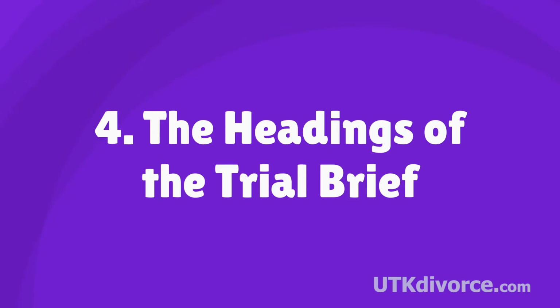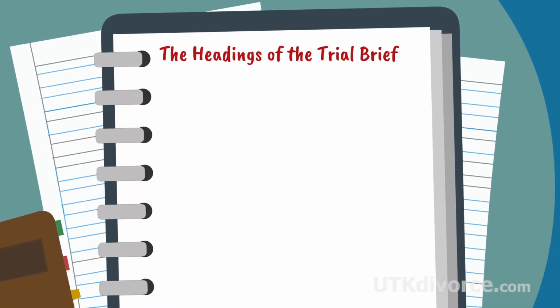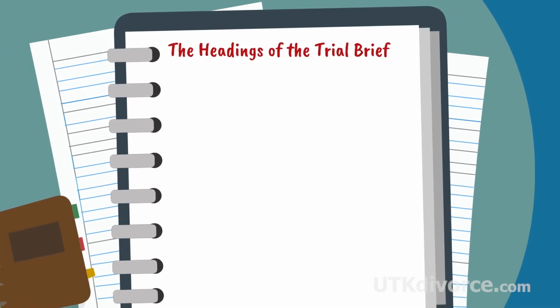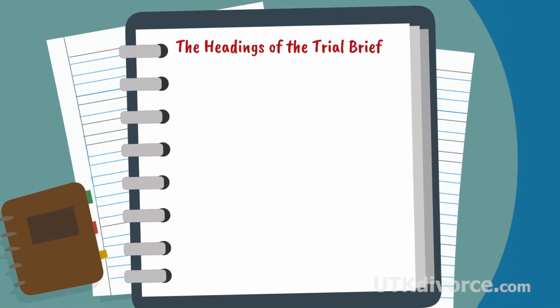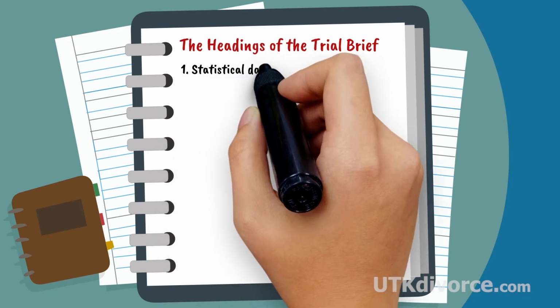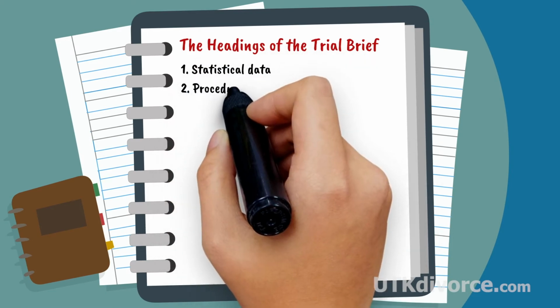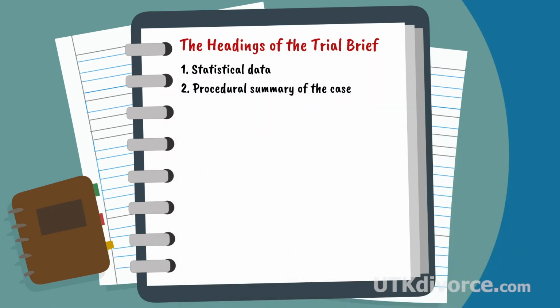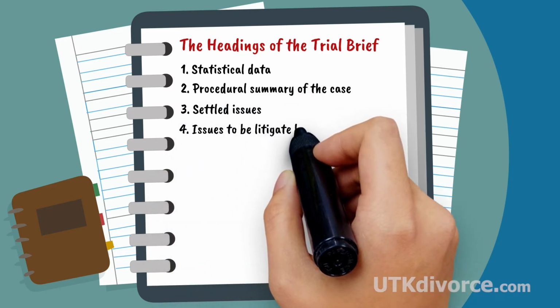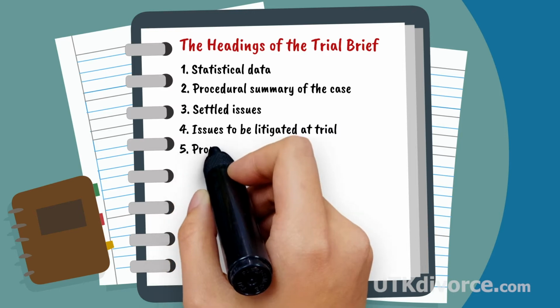4. The headings of the trial brief. Generally, no matter the California county, the headings of the trial brief are roughly the same, namely: 1. Statistical data. 2. Procedural summary of the case. 3. Settled issues. 4. Issues to be litigated at trial. 5.